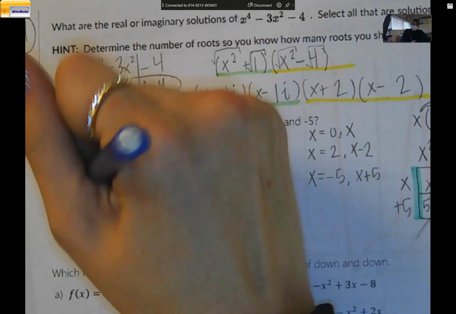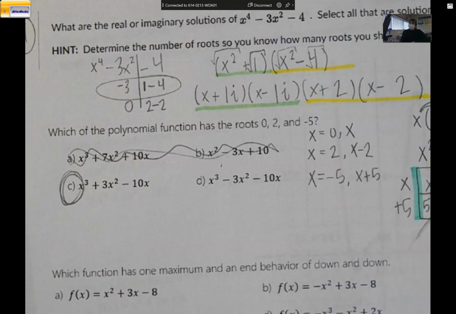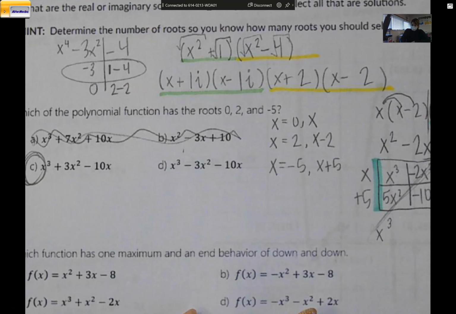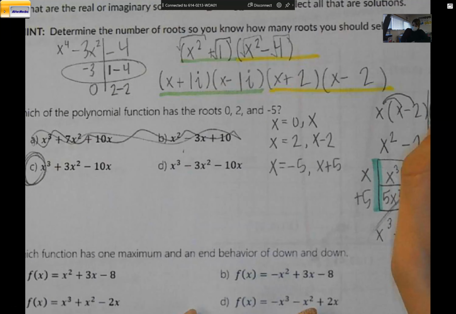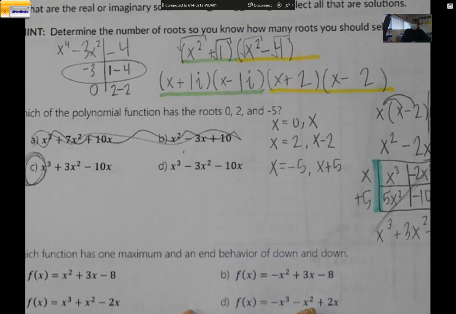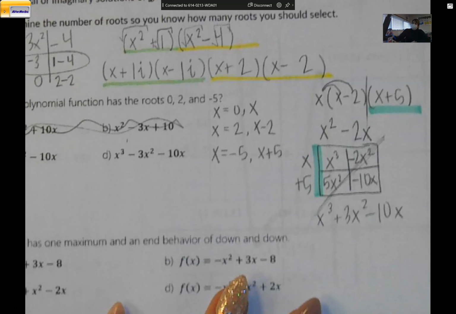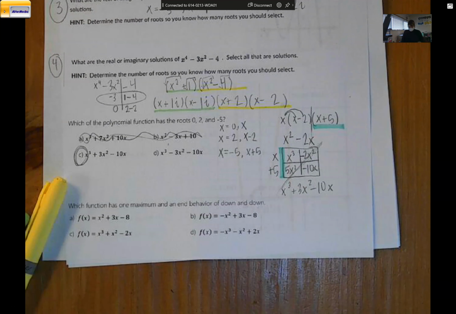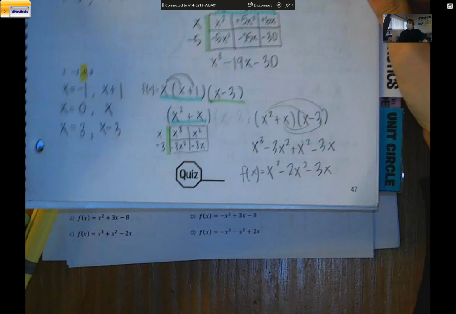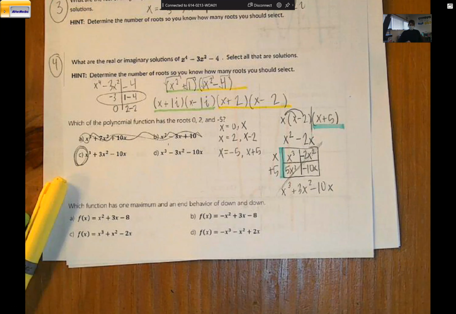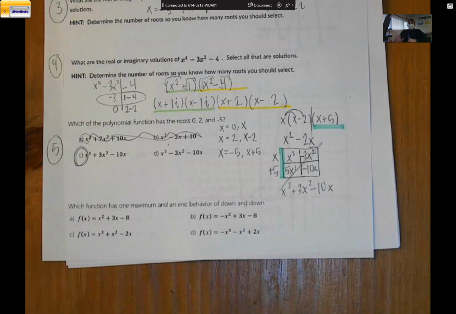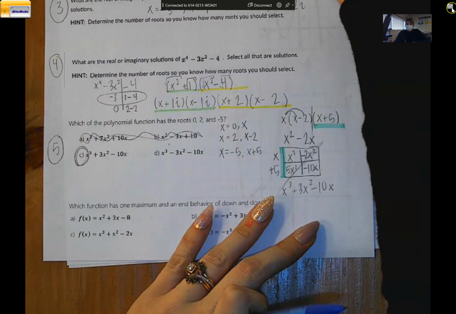So it has to be C. Because this turned into x cubed plus 3x squared minus 10x. So we did that in our notebook, like I said, on page 47. This was 5. So now 5 in Canvas.